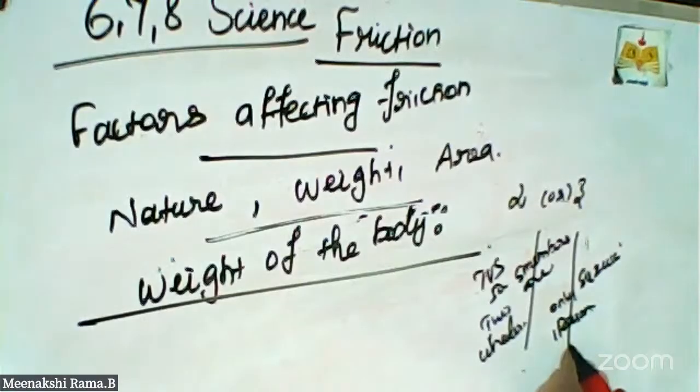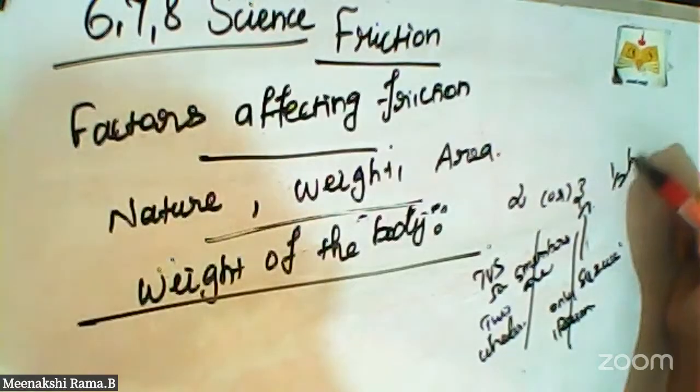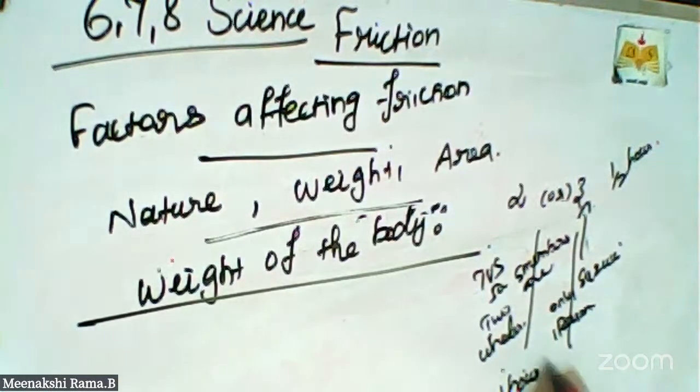The single person on the two-wheeler crosses the road within half an hour for 10 kilometers. But on this side, the TVS 50 took more than one hour because the weight of the vehicle is higher.